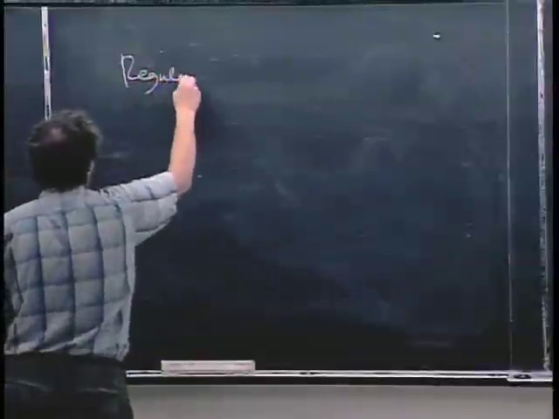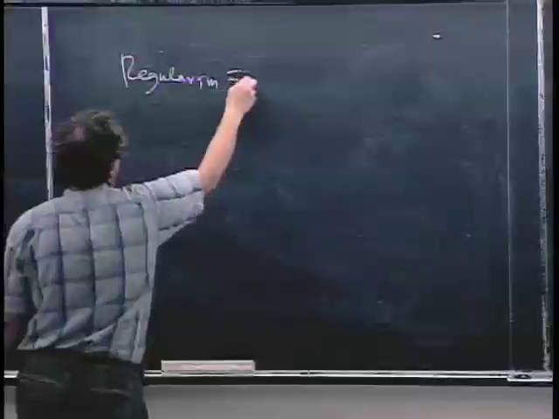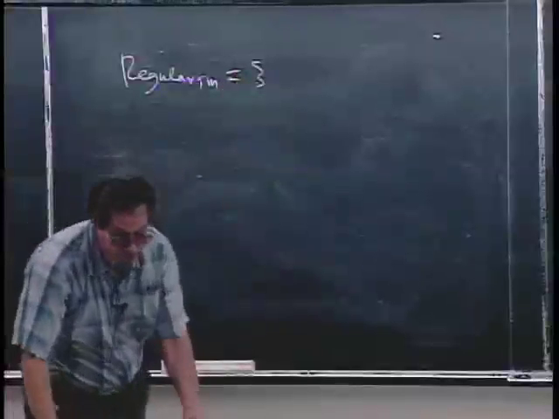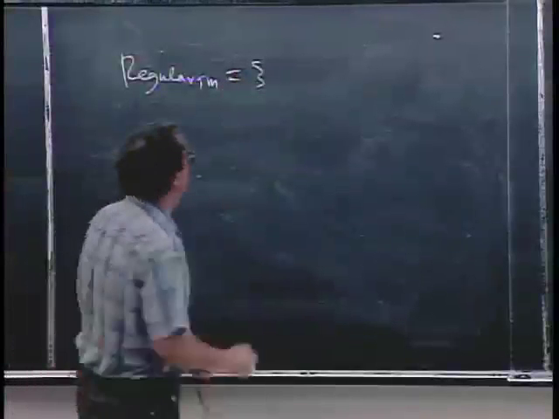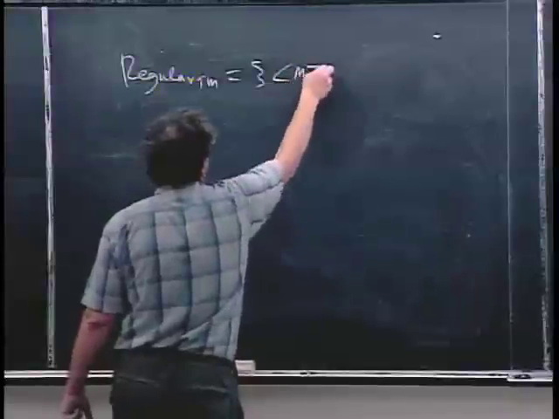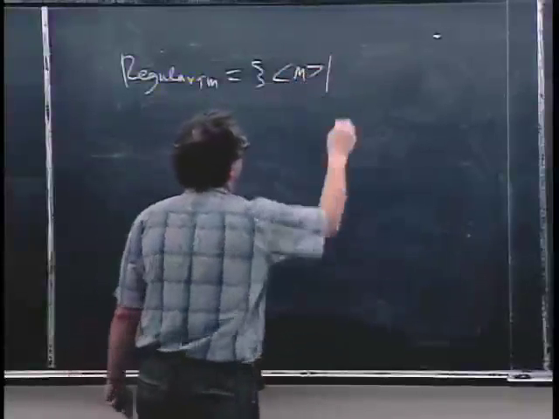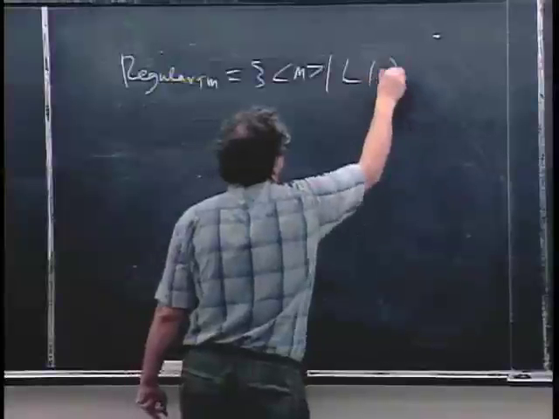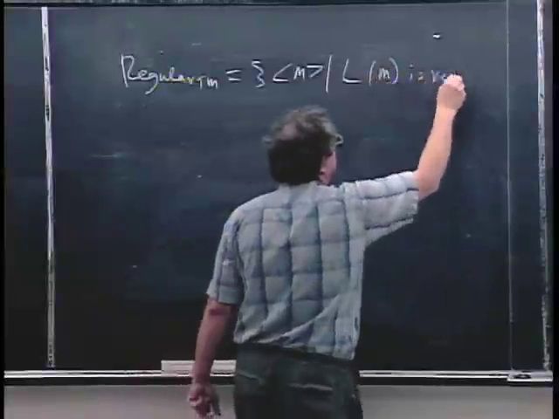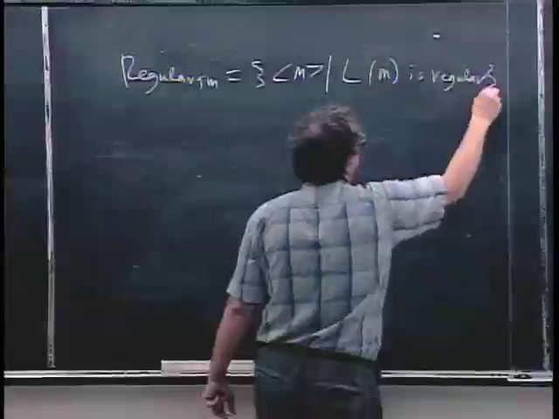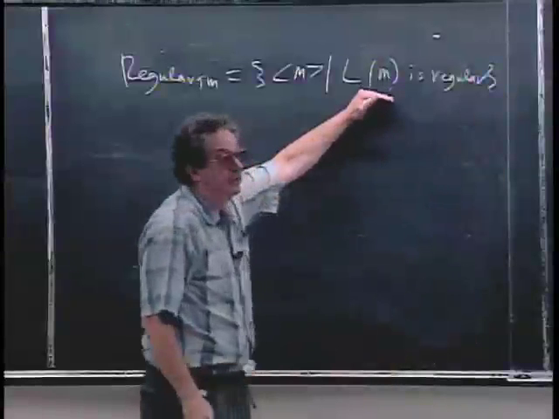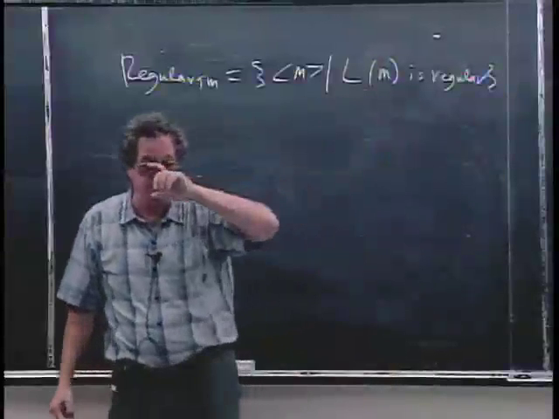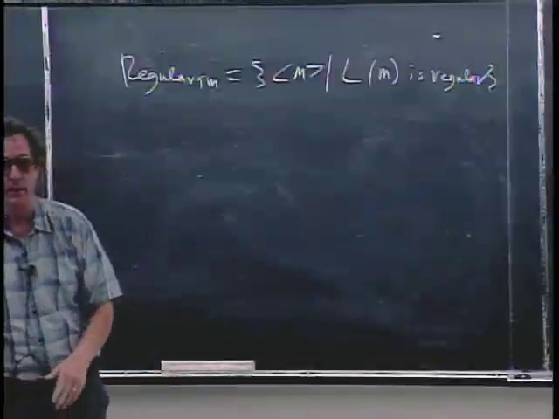Yeah, okay, so the statement of this problem: REGULAR_TM is the set of Turing machines M such that L(M) is regular. Okay, so this is a property of this language. We've studied regular languages. A language is either regular or it's not.